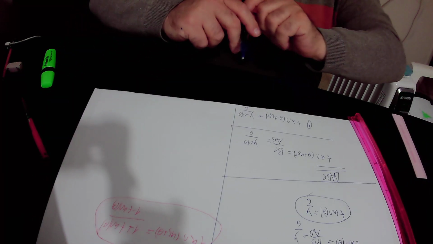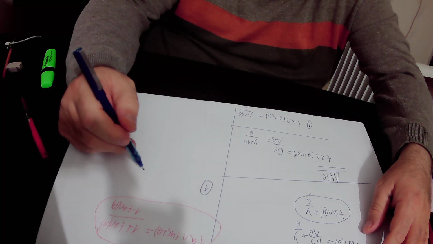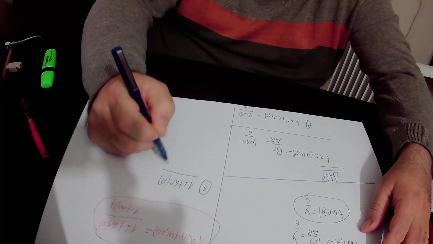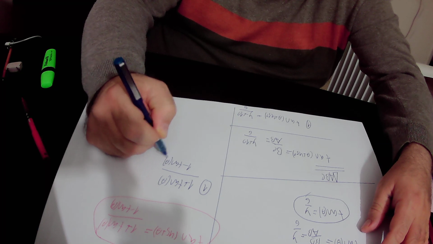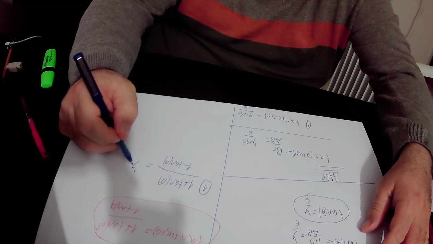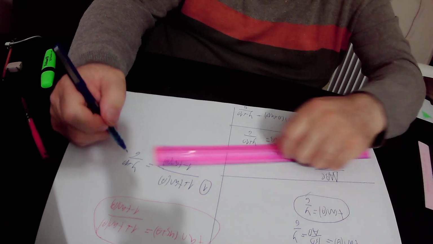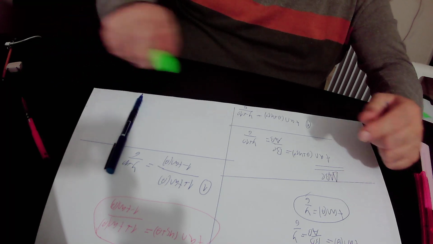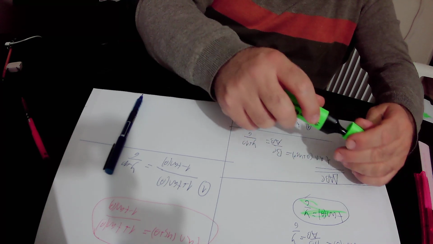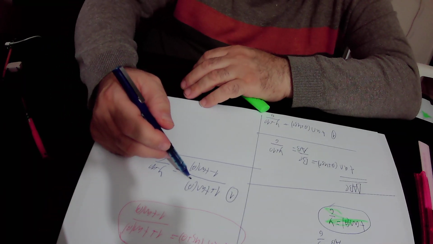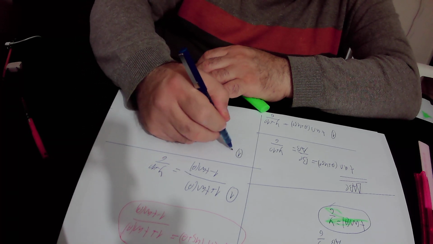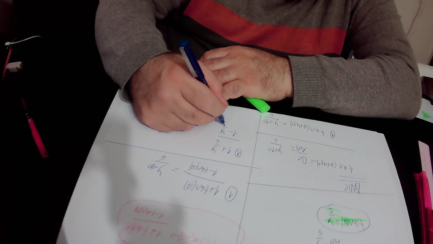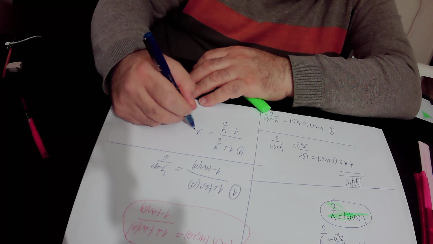According to equation number 1, tangent of theta plus 45 degrees equals (1 plus tangent theta) over (1 minus tangent theta), and it is equal to (y plus 10) over 6. We have already found that tangent theta equals y over 6. Therefore, we can substitute tangent theta by y over 6, and we get (1 plus y over 6) over (1 minus y over 6), equal to (y plus 10) over 6.